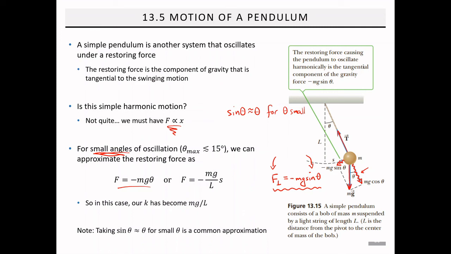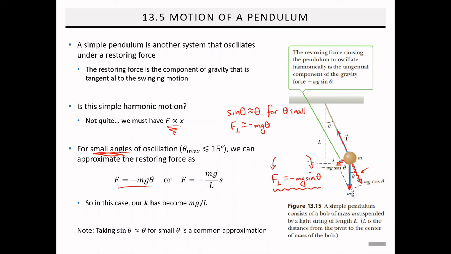And then in that case, we would say that F perpendicular is approximately equal to m times g times theta. Now, this equation does show that F perpendicular is proportional to theta. So the force is proportional to the position. So this does, in fact, fit our definition for simple harmonic motion.